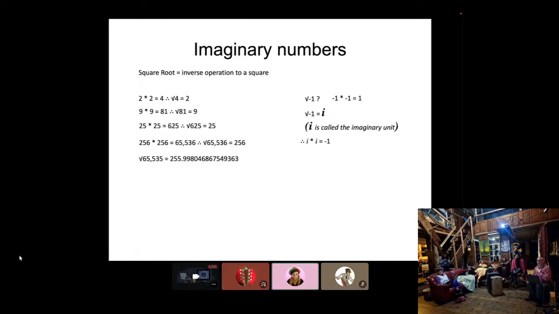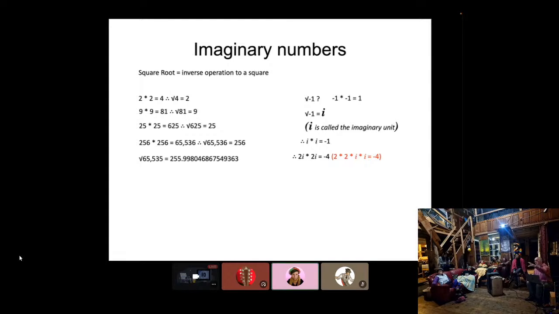So, therefore, if the square root of -1 is i, and you multiply i by itself, you get -1 back. So it works exactly the same way as the other side, apart from with i's. So if you have 2i times 2i, you get -4. Right?